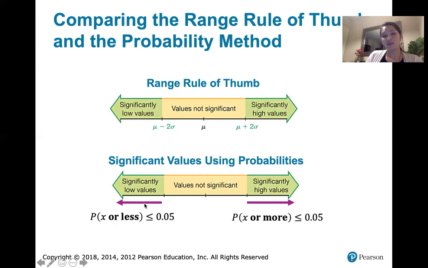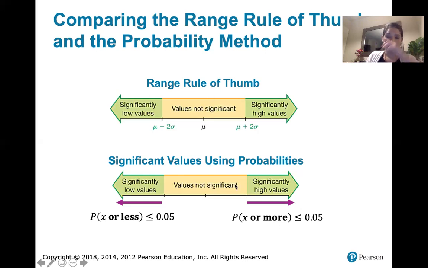If the probability of getting that number of successes or fewer successes is less than or equal to this 0.05 or 5%, then we're going to say that that's significantly low. So this is in the bottom 5%. Over here, we're talking about being in the top 5%. So that's what's going on.